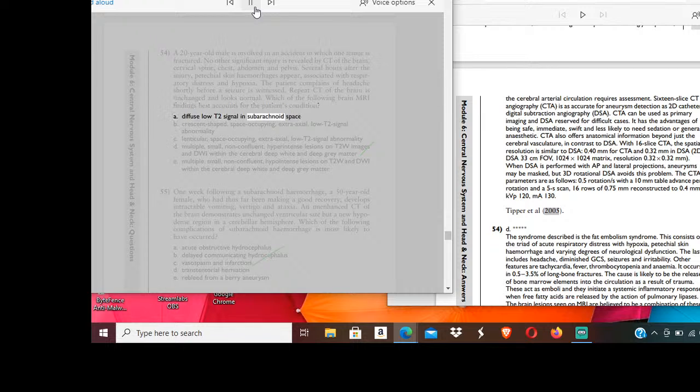A. Diffuse low T2 signal in subarachnoid space. B. Crescent-shaped, space-occupying, extraaxial, low T2 signal abnormality. C. Lenticular, space-occupying, extraaxial, low T2 signal abnormality. D. Multiple, small, non-confluent, hyperintense lesions on T2W images and DWI within the cerebral deep white and deep gray matter.